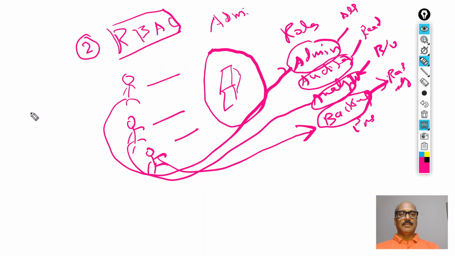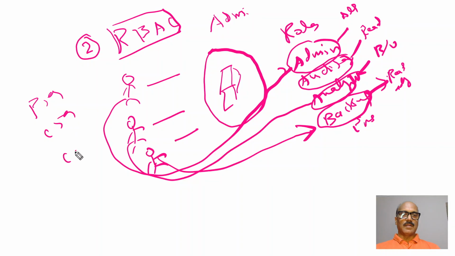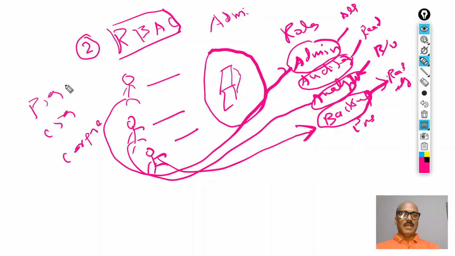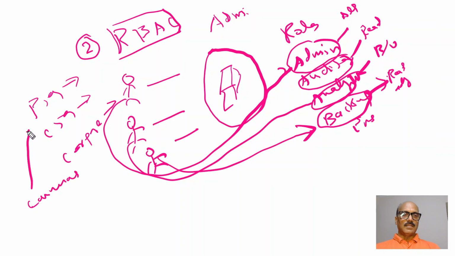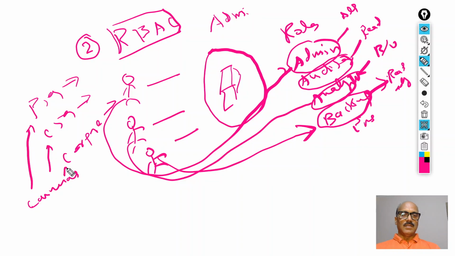It is like a PM, Prime Minister, CM, Corporator. There are certain roles and responsibilities. When someone gets elected, he gets into those roles and is able to do that, right?